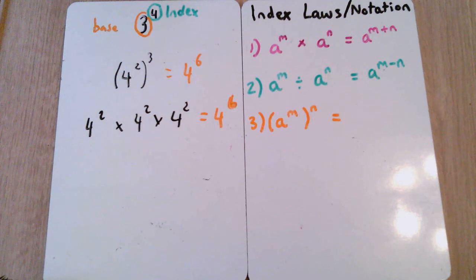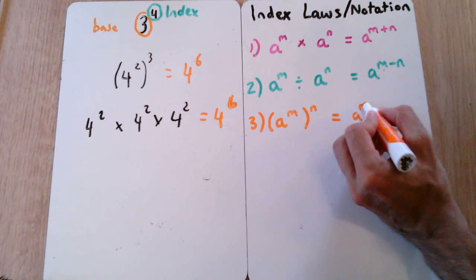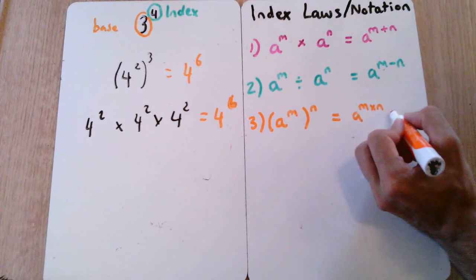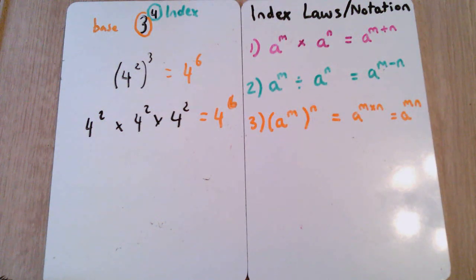So over here, where I've got a to the m to the n, this becomes a to the power of m times n, or if you want to write it without the multiplication, a to the mn, because when you don't have anything in between, it means multiplication. So here are our 3 rules. And what we're going to look at now are just a few examples where we use these 3 rules to make it easier for ourselves.